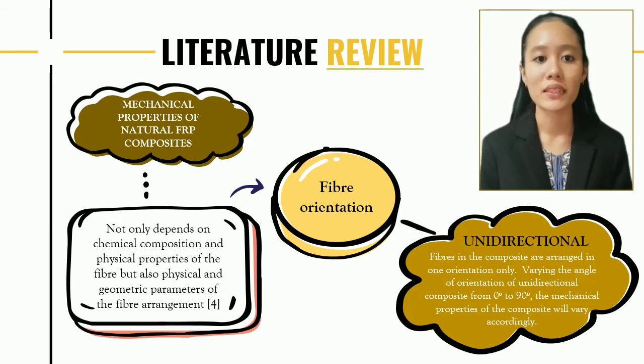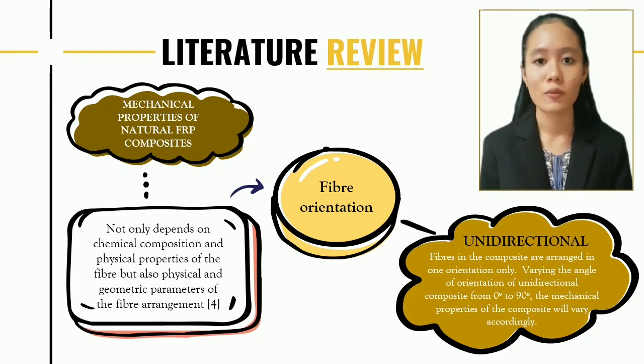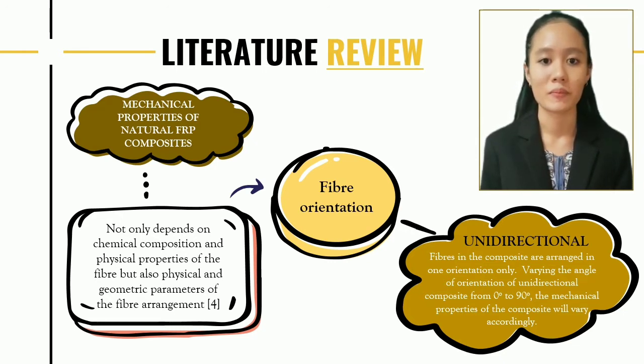Unidirectional fiber composite is where the fibers in the composite are arranged in one orientation only. By varying the angle of orientation of unidirectional composites from 0 degree to 90 degree, the mechanical properties of the composite will vary accordingly. The composite with 0 degree fiber orientation will have excellent properties compared to composite with 90 degree fiber orientation.